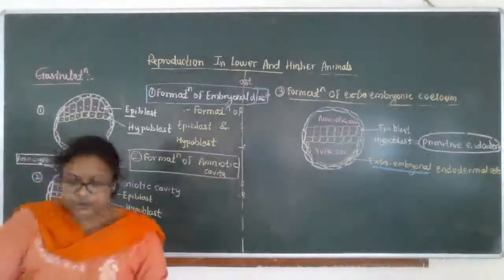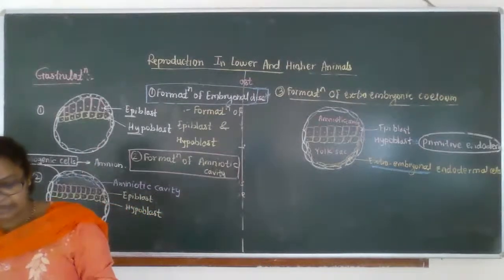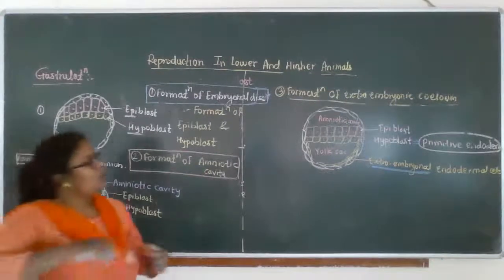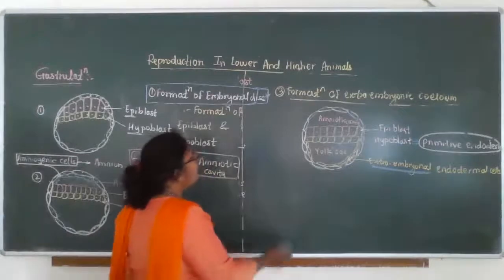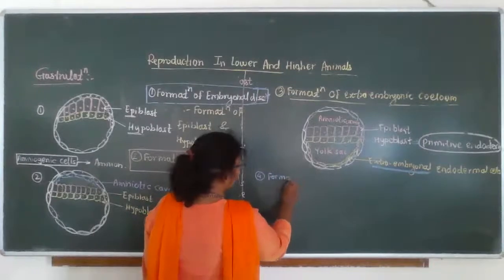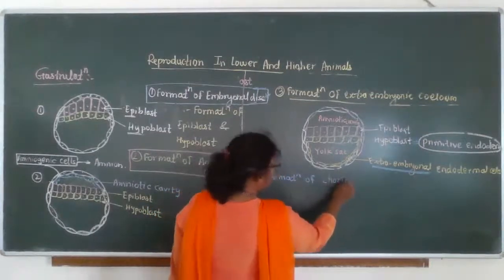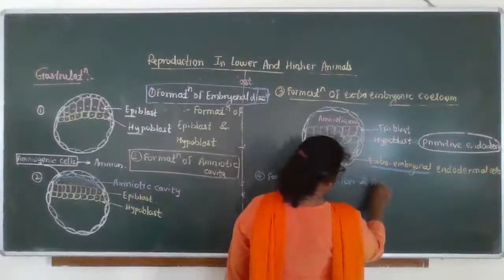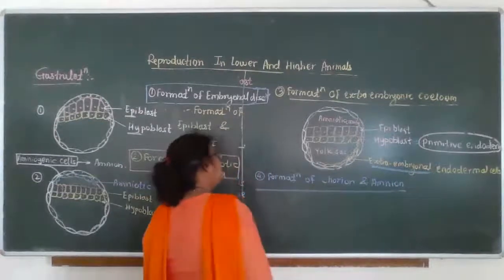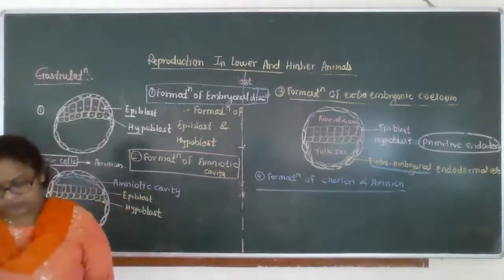Clear, everyone? Further on, we move towards the next step, the formation of chorion and amnion. Fourth one: formation of chorion and amnion, the extra-embryonic membranes. How do they get formed?